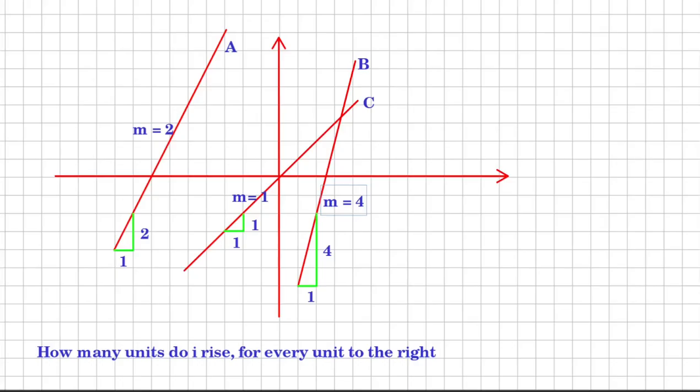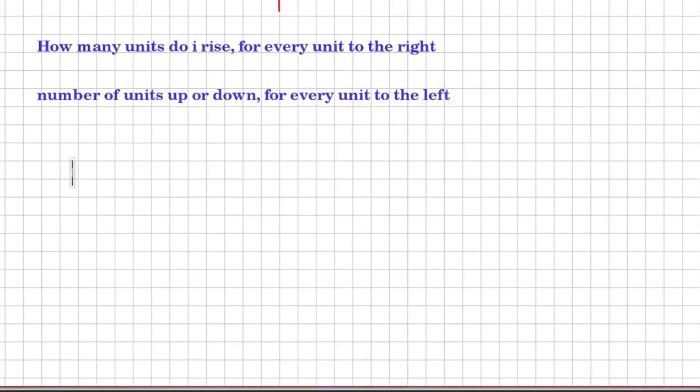Now let's look at a principle we can always use to calculate this gradient using an equation. Our equation is going to require us to have 2 coordinates on that line. Let's try to formulate that equation. The equation is saying gradient is equal to the rise over run.